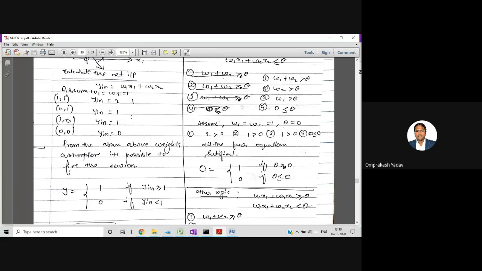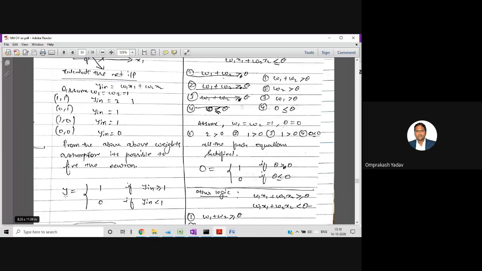If I select the threshold value as 1, and say that when y in is greater than or equal to 1 then the output will be 1, otherwise the output will be 0, then I can easily separate the three cases from the last one. So that means the assumed weights were right, and we have implemented this.